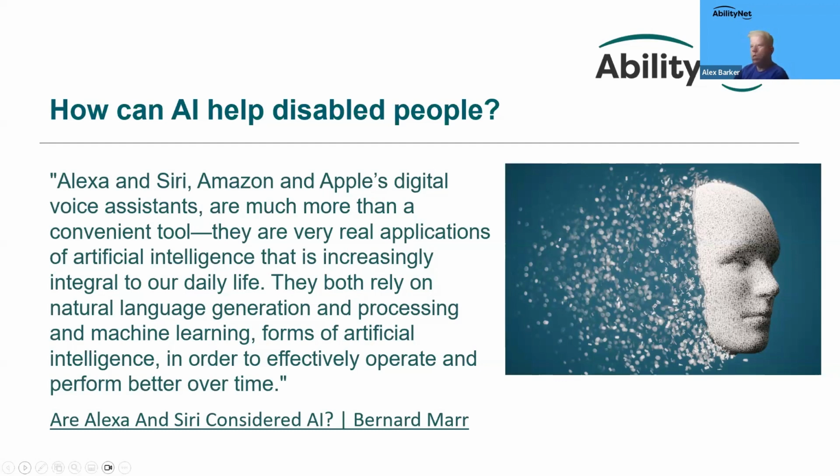They both rely on natural language generation and processing and machine learning, forms of artificial intelligence, in order to effectively operate and perform better over time." And that was a quote from an article online written by a chap called Bernard Marr.